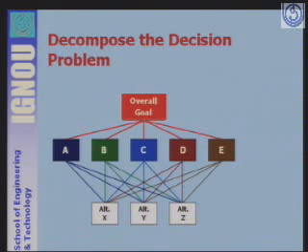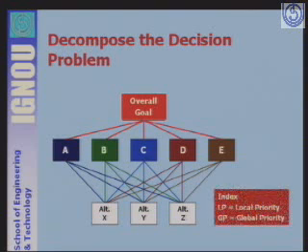A, B, C, D, E are the coverage of politics, coverage of sports, international arena, and some other factors which you think of considering while selecting the newspaper. Cost will definitely be one of the criteria. The overall goal is to select a newspaper, and X, Y, Z are the options available to you.